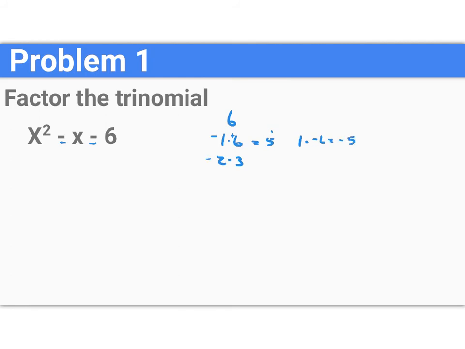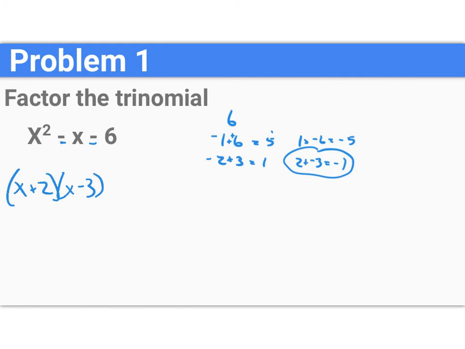If I take negative 2 and 3, I get positive 1. If I take 2 and negative 3, you have to add these, I get negative 1. So the factors of 6 are 1 and 6, and 2 and 3. And that means I have x plus 2 times x minus 3, because this is the one that gave us negative 1. And that's all you do.